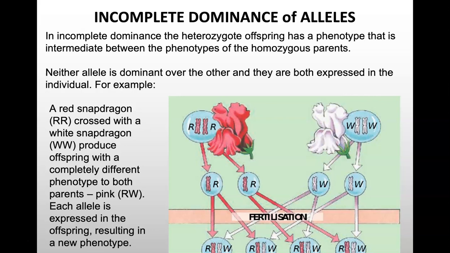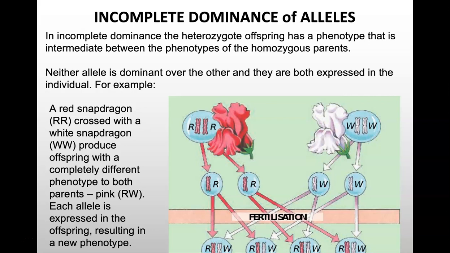If they are to be crossed with each other, each of them only has one gamete to donate to their offspring, and so they have no choice but to donate either the big R in the case of the red snapdragon or the big W in the case of the white snapdragon.